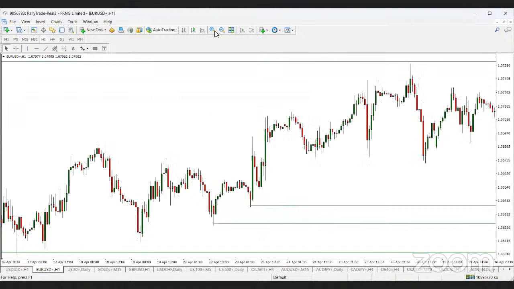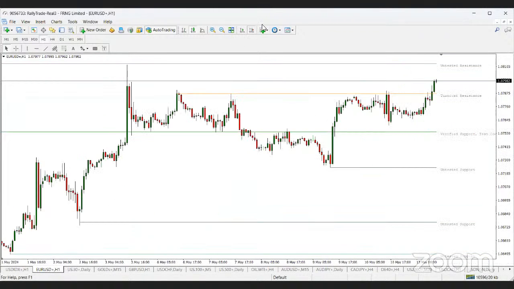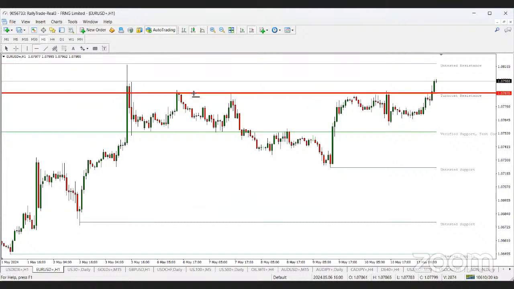If you check Euro USD on the 1 hour, which we are now, you see that Euro USD has been rejected from this point here, and even gave an inverted hammer, and it sold a bit, but it has broken structure. It has broken above this point.